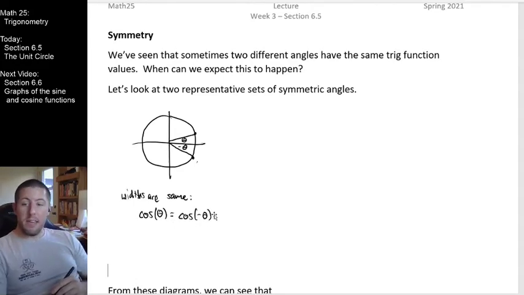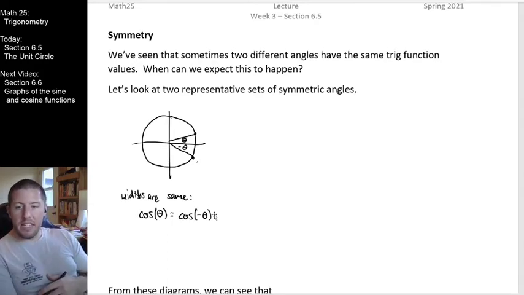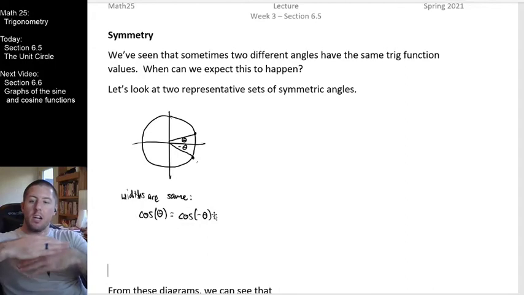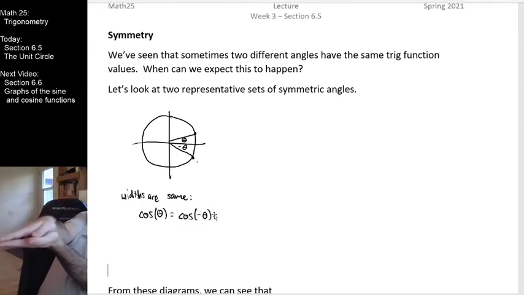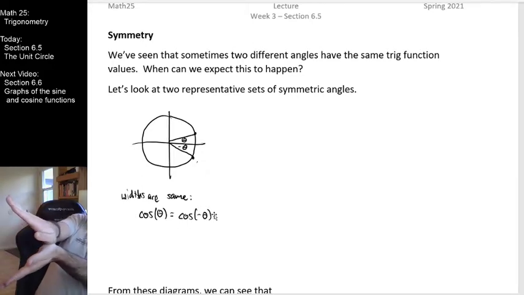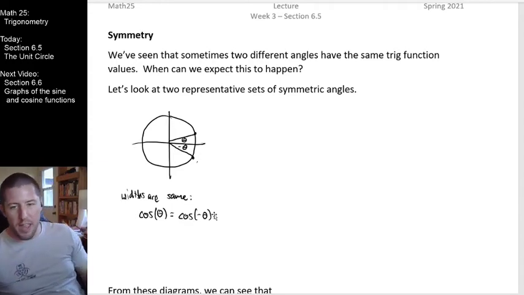So for all time, anytime I ask you what's the cosine of a negative angle, you can literally ignore the negative, because the width will still give us the same width description regardless of which of the two directions you opened up in. So instead of just doing your positive angle, do them both and see that your x component is always going to match regardless of how much rotation you do.